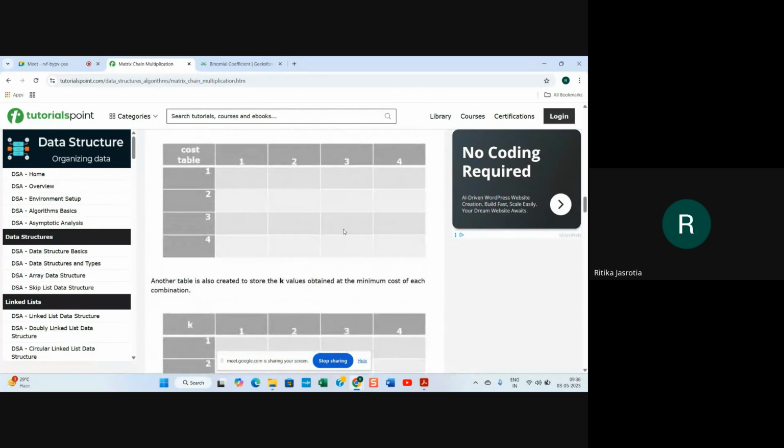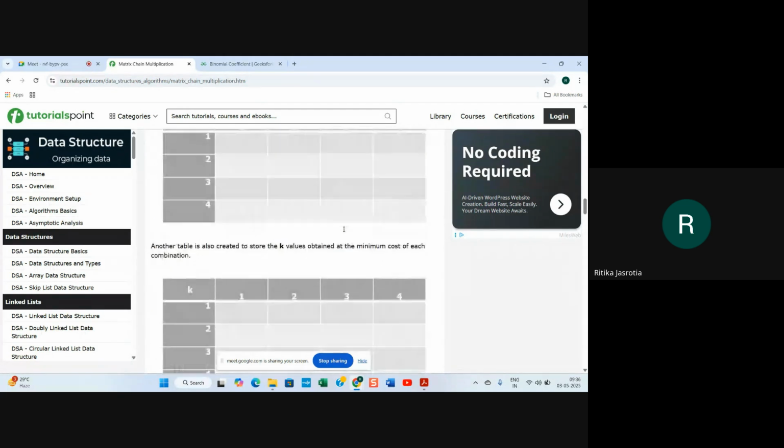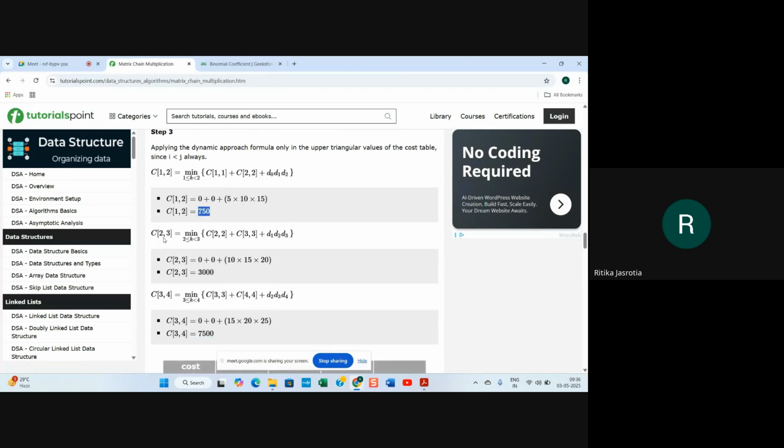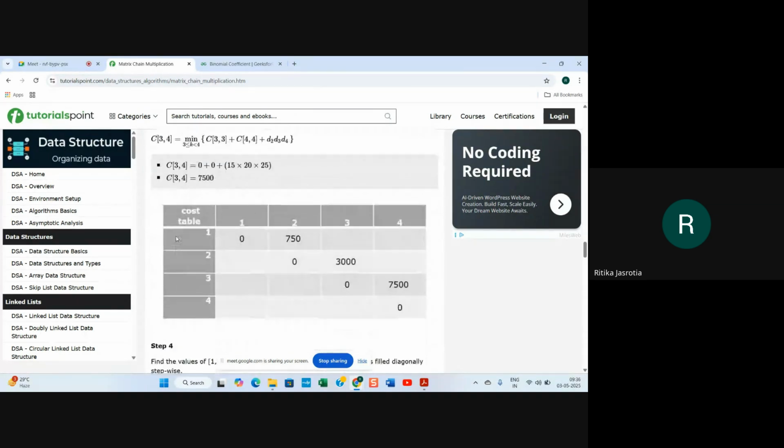Similar values we are keeping here. So if we take D0, D1, D2, it is 5, 10 and 15, which is coming out to be 750, right?